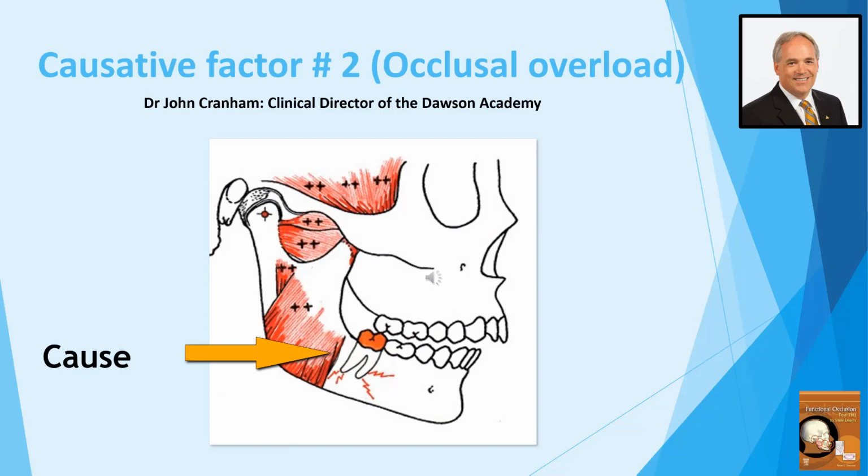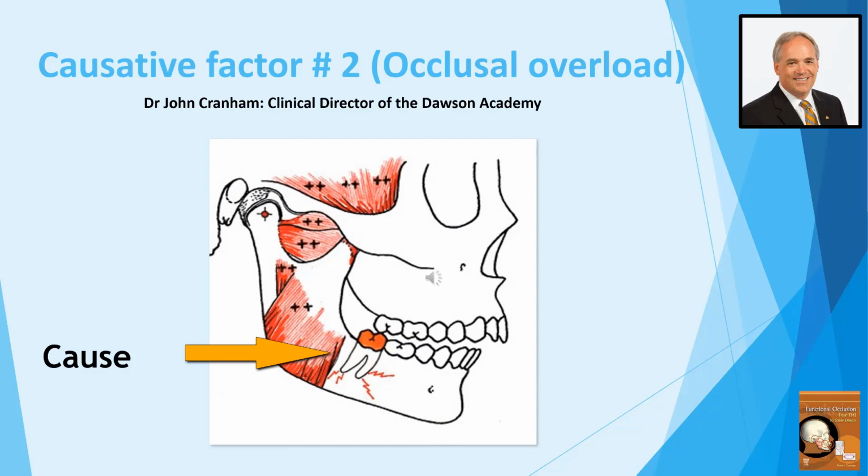And so what I want you to start grasping is that if we have a high tooth or a tooth that's interfering with the mandibular movements and the tooth is rubbing, and we'll talk about why this occurs, we can actually set up this problem where we get not only an increase in muscle activity, but a hyperactivity of the muscles and incoordination of the muscles, where we start putting extra force on the system.